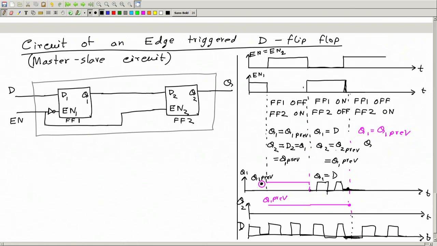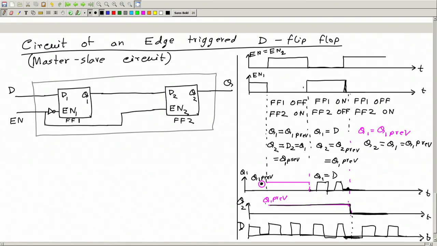Q2 is equal to, I'm just copying from this because this state and this state are similar. So Q2 is equal to Q1 previous. So Q2 will be this, equal to 0.